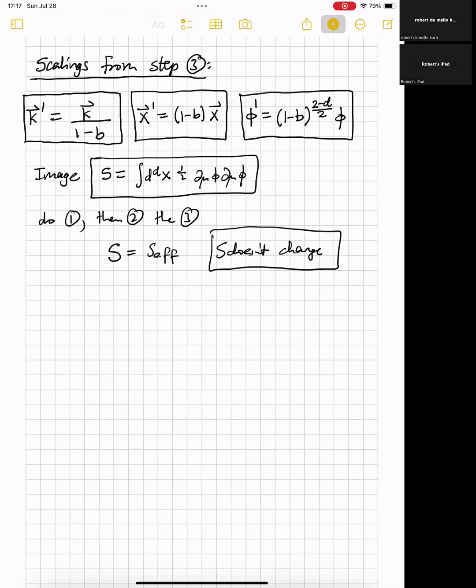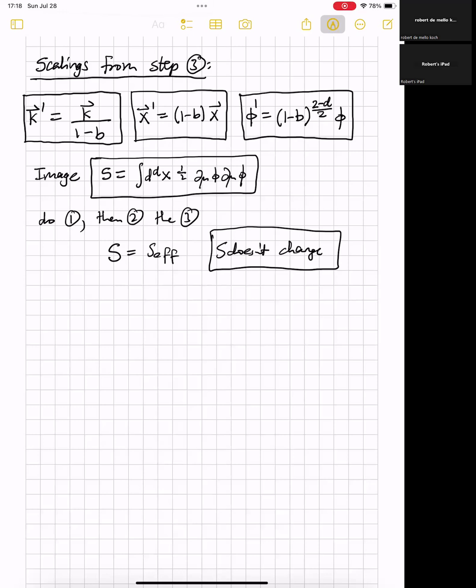Now, in general, I'll give you some action. What you'll then do is complete those 3 steps. First you'll separate out a shell of momentum modes, then you'll integrate over those momentum modes, and then finally you'll do the rescaling that's needed. And then you'll start again with step number 1, step number 2, step number 3. By continually repeating these 3 steps, in general, the couplings of your action will change.